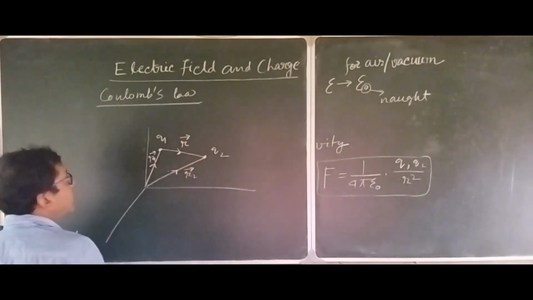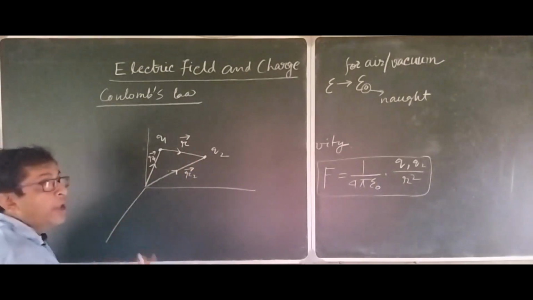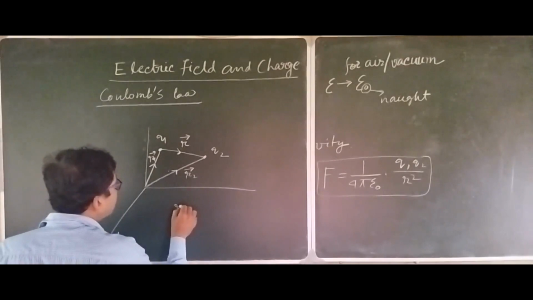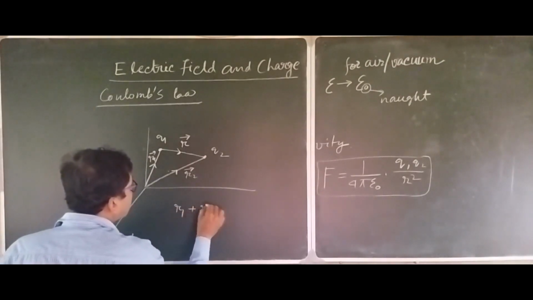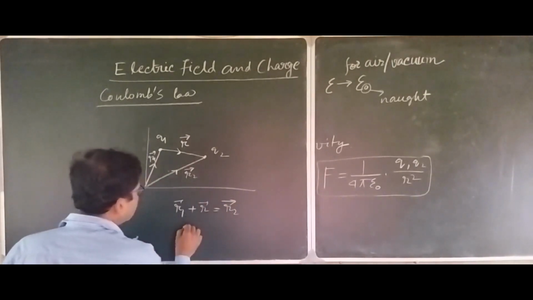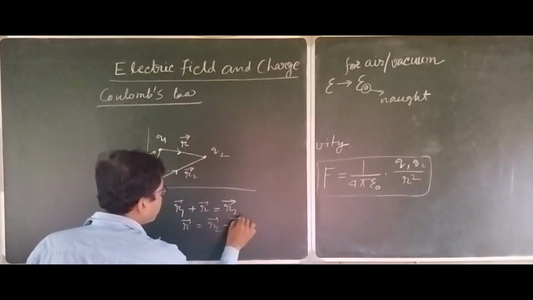This is the R vector. So we can use the vector triangle rule. And according to that rule, R1 plus R is equal to R2. So R vector is equal to this.